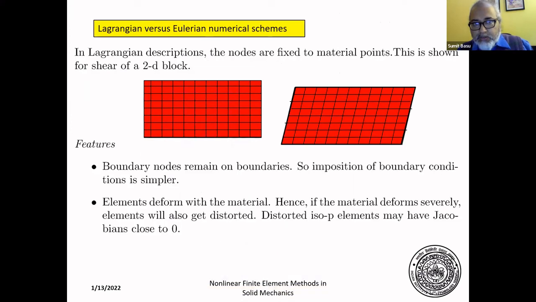Right. So for our purposes, these two different descriptions, the Lagrangian and Eulerian descriptions, are important. When we frame finite element problems in nonlinear mechanics, we need to make distinctions between Eulerian and Lagrangian descriptions.